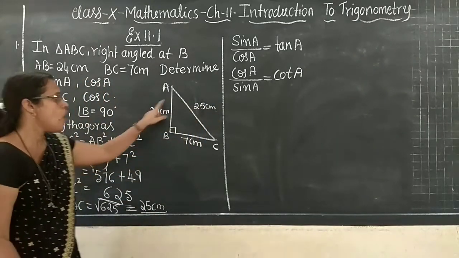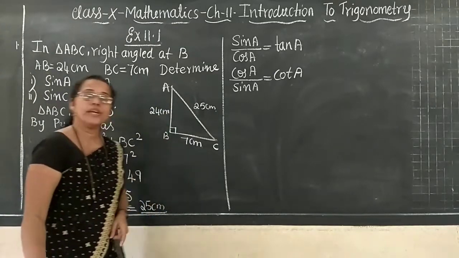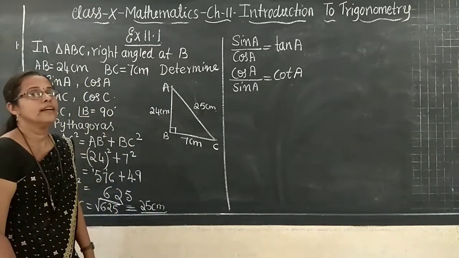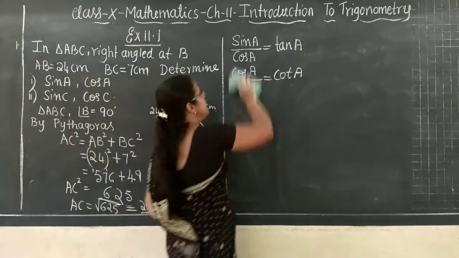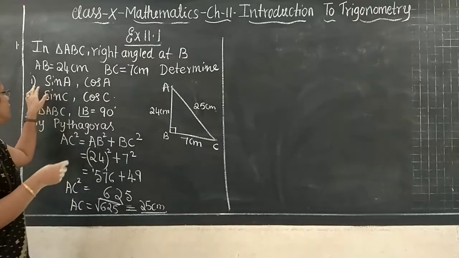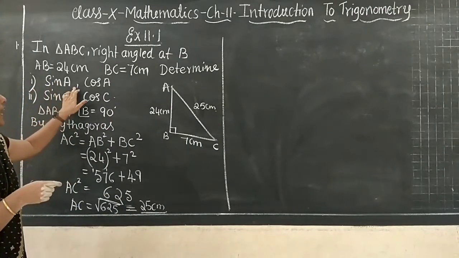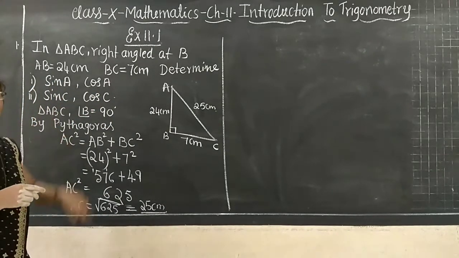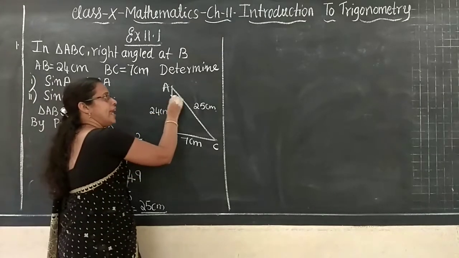Okay, children. So all three sides known means now easily we can write the ratios. Let us write it now, children. What ratio did they tell us to find? In the first question, sine A and cos A, whom do we have to mark first?